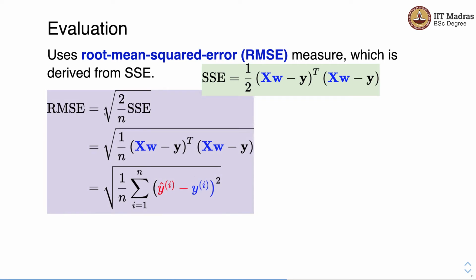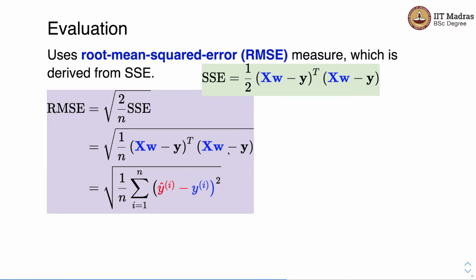So RMSE is defined as the square root of 2 over n times SSE. Now when you substitute the formula for SSE in this formula, this 2 and this 2 cancel each other and we get 1 over n times the sum of squared errors.